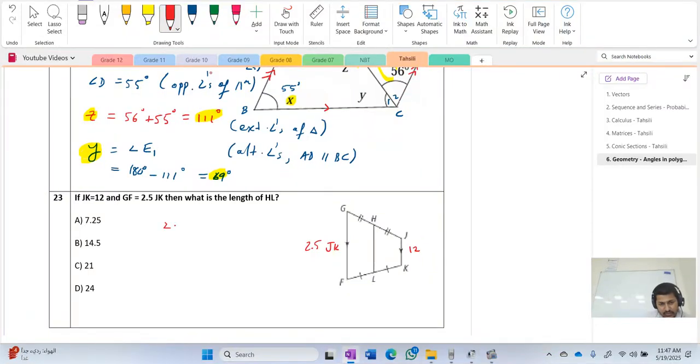Next one. Find the distance BC in the trapezoid. Remember EF is the midpoint of AD and BC. So 3 plus 9y plus 3, divided by 2, is equal to 4y plus 5.